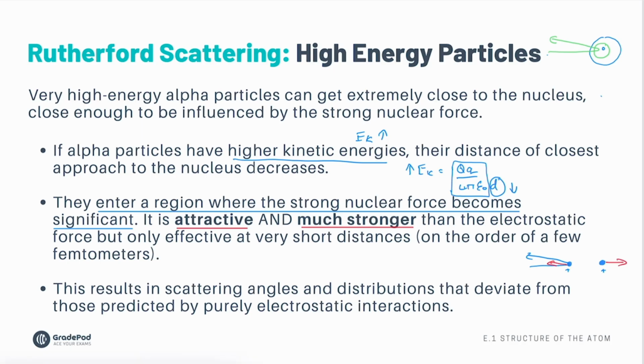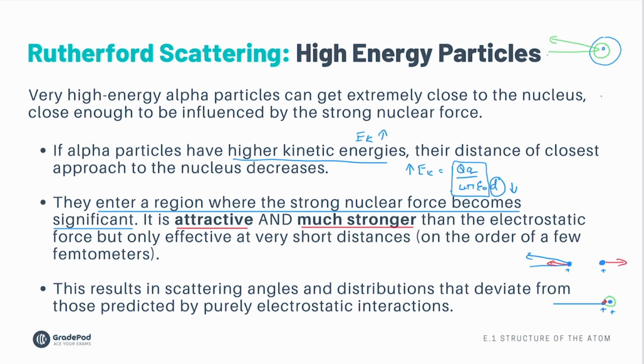If we get closer to the nucleus, so we've got our nucleus down here, it's positively charged, and our alpha particle, even though it's still positively charged, gets closer and closer and closer to it, it enters a region where the strong force acts, and the strong force acts very close to that nucleus. And that strong force is very strong, but it's also attractive. So it causes these alpha particles to attract towards the nucleus, even though they're electrostatically opposed.